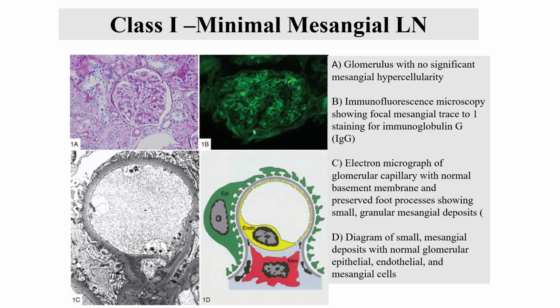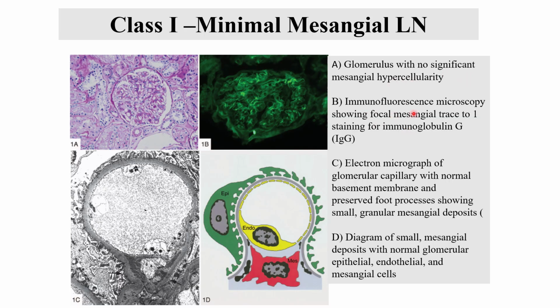So there are classes 1 to 6 of lupus nephritis. Now I am explaining class 1. Class 1 is minimal mesangial lupus nephritis. There is a glomerulus with no significant mesangial hypercellularity.